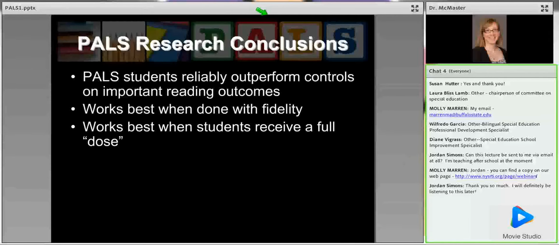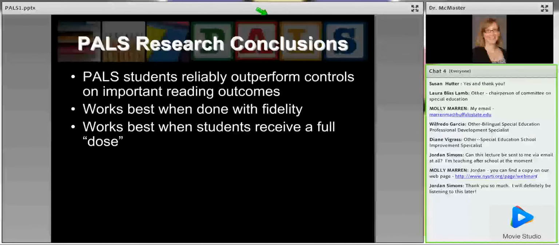The other thing that we found in research is that PALS works best when students receive a full dose. And by that I just mean when they get the whole program. PALS is typically done 3 times a week for 35 to 40 minutes. We always recommend that you at least do it for the amount of time that we've done it during the research studies, so 16 to 18 weeks.